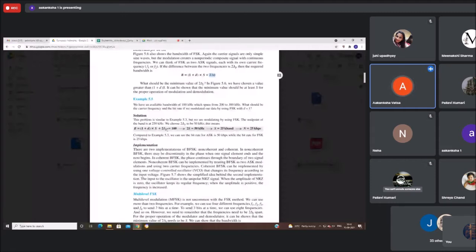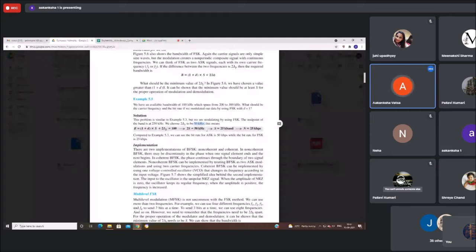So this is 2S plus 2 delta F equal to 100, and since 2 delta F is chosen to be 50 kilohertz, 2S is equal to 50 kilohertz. So S will be 25 kilobaud, because S is the signal rate, the number of signal changes per second, so it is represented in baud, while my frequency was in kilohertz.